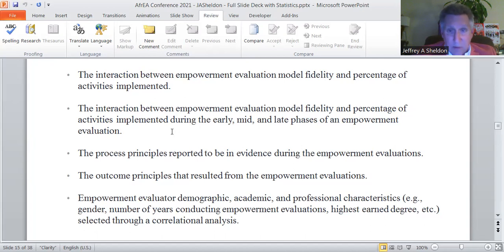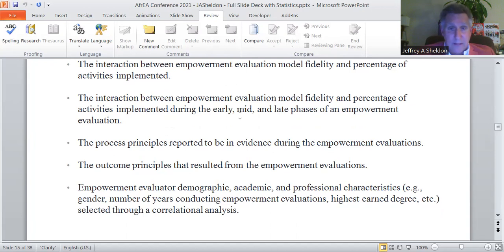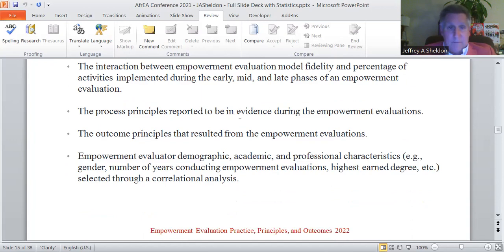Also the process principles reported to be in evidence during the empowerment evaluations, the outcome principles that resulted from the empowerment evaluations, and then empowerment evaluator demographic variables, such as gender, number of years conducting empowerment evaluations, degrees, et cetera. I wasn't sure that they would have an impact, but you never know, right?